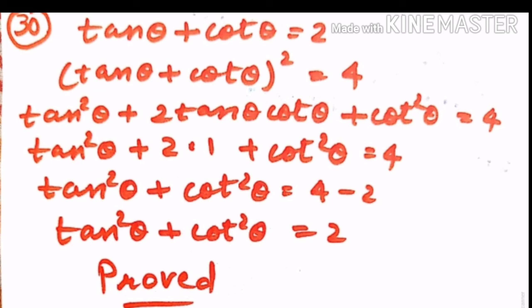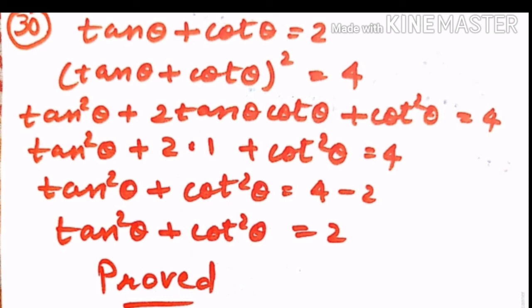But students, we know that tan theta and cot theta are reciprocals of each other. So tan square theta plus 2 into 1. Why? Because tan and cot, reciprocals of each other, become 1, plus cot square theta is equal to 4.